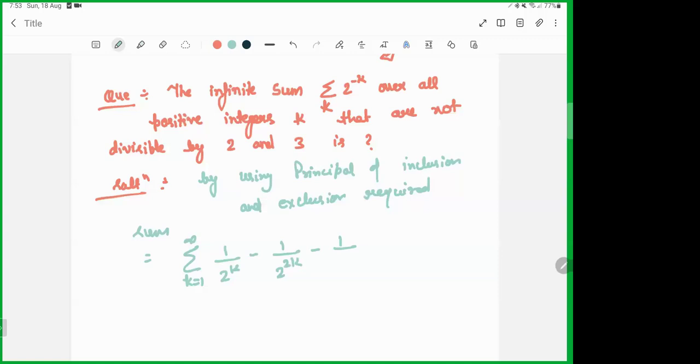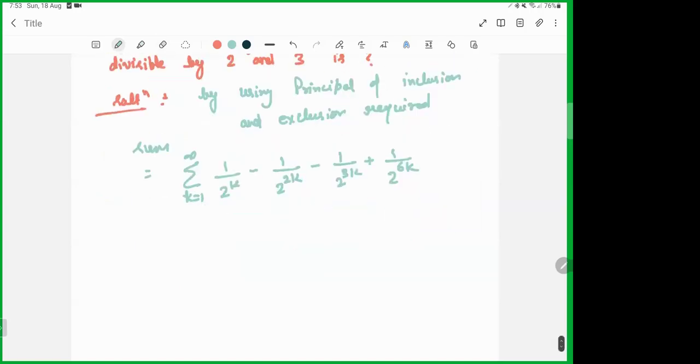We remove the choices divisible by 3, of the form 2 to the power 3k. But we removed the choices divisible by both 2 and 3 twice, so we have to add plus 1 upon 2 to the power 6k.